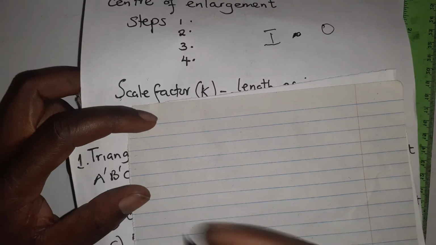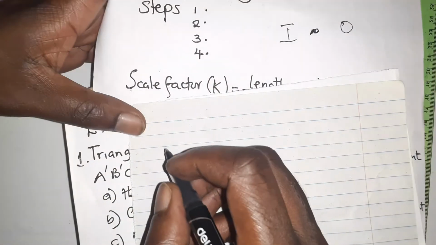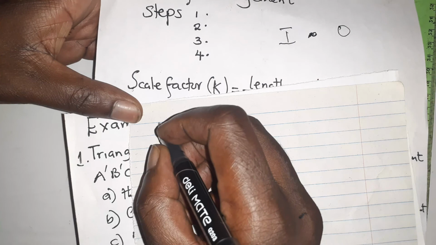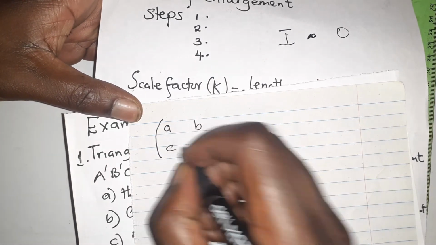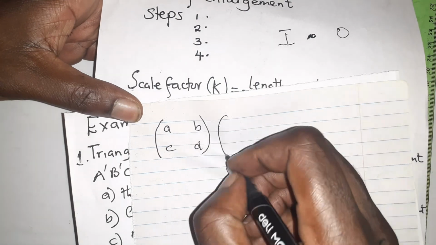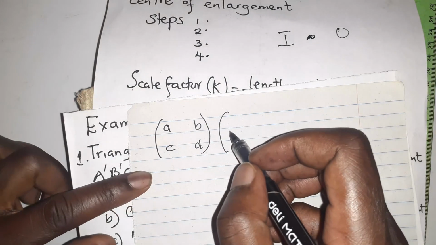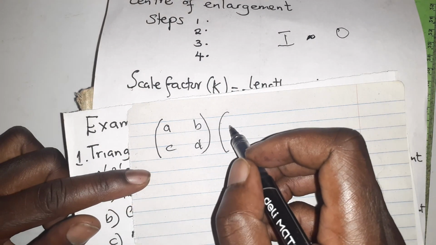So here, what we're going to do is have the matrix that we want here, A, B, C. We can assign variables. Then here, we bring the coordinates of the object.